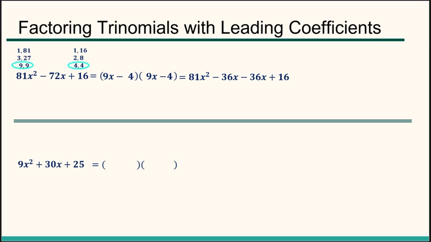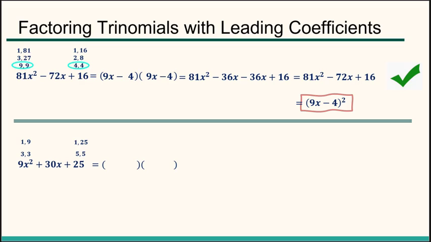All right, next up is 9x squared plus 30x plus 25. You know I need those parentheses. I'm going to need some factors here. I'm going to need 1 and 9 and 3 and 3. Then I'll need 1 and 25 and 5 and 5. I need to make a 30. So I believe my pairs are going to be 3 and 3 and 5 and 5.